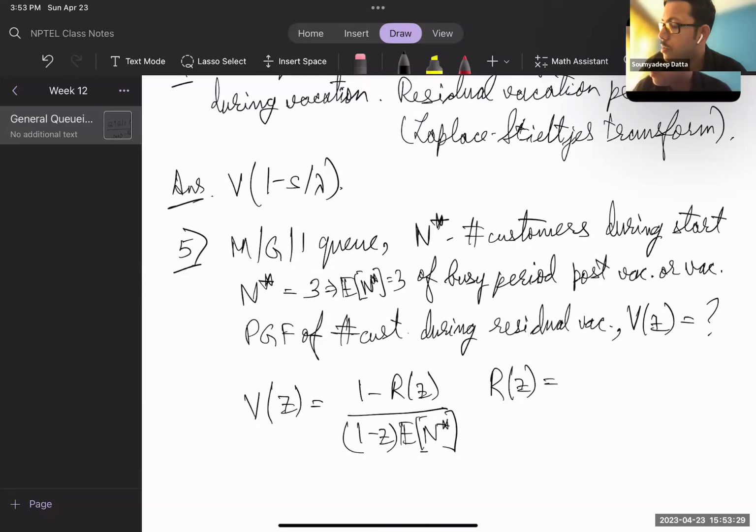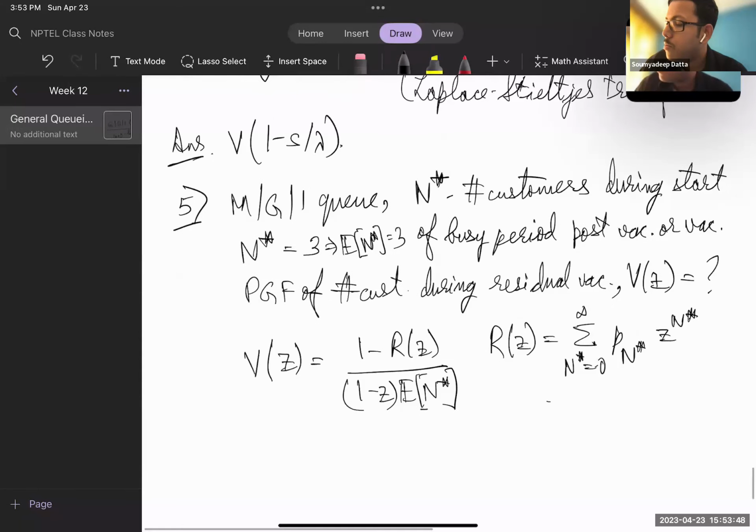Now R(Z) is nothing but summation P(n star) Z to the power n star, for n star equal to 0 to infinity, right?